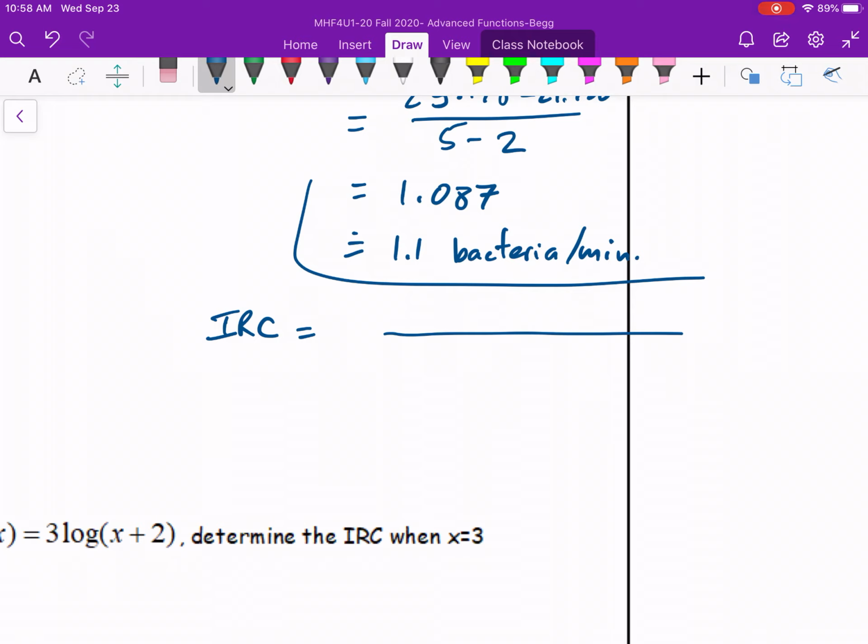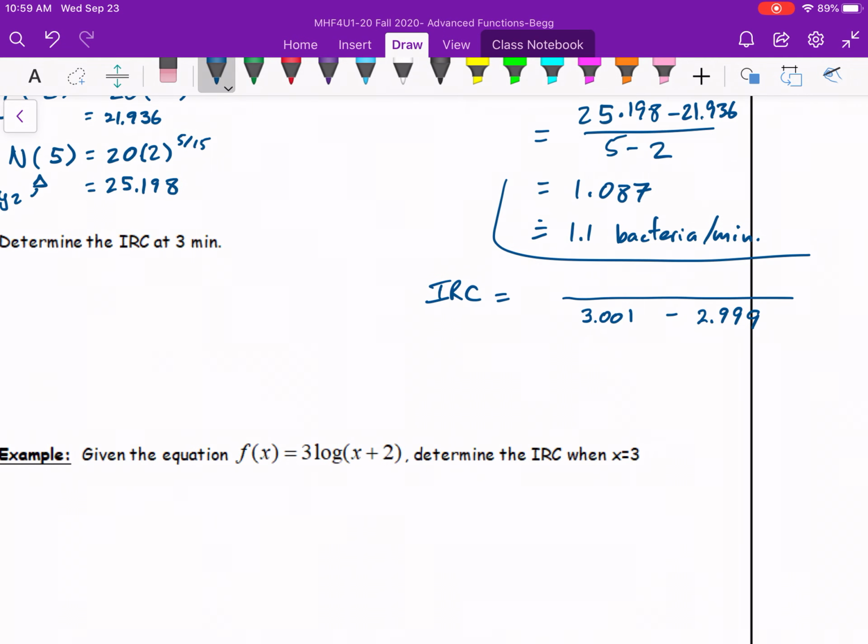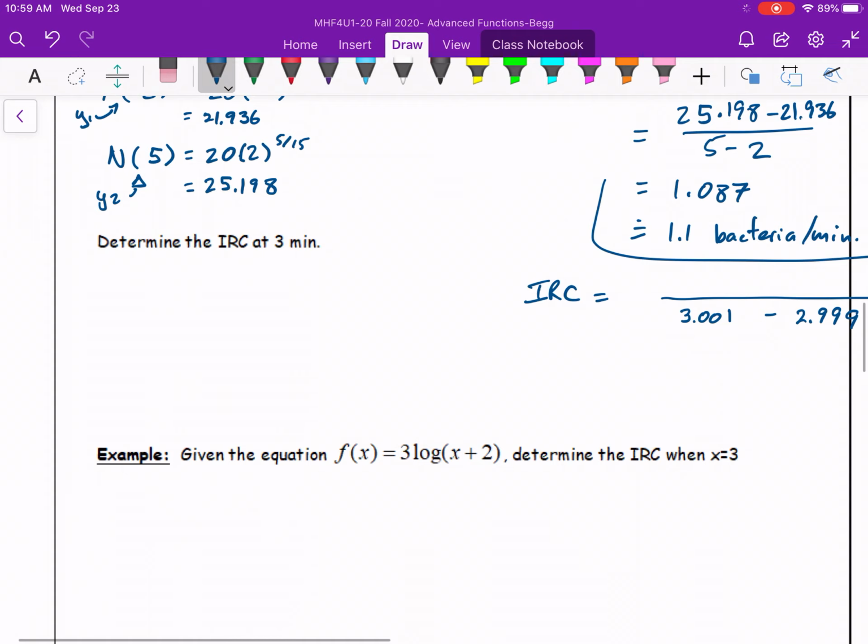So if it's at 3 minutes, that means that if I add 0.001 to 3 minutes, then I've got 3.001 minutes. And if I subtract 0.001 from 3 minutes, I get 2.999. Those are my x1 and x2, but not in that order.